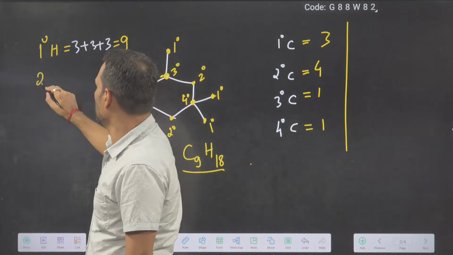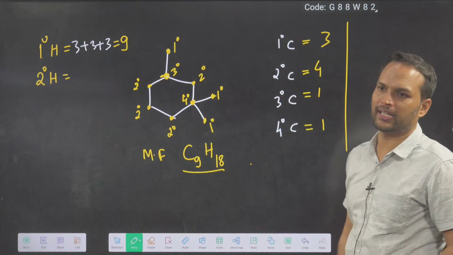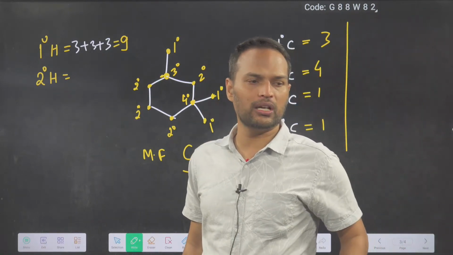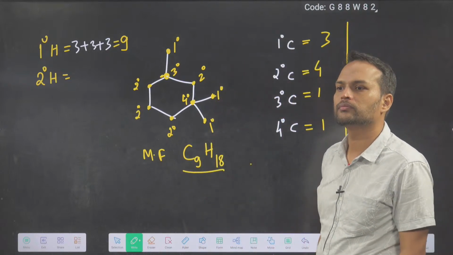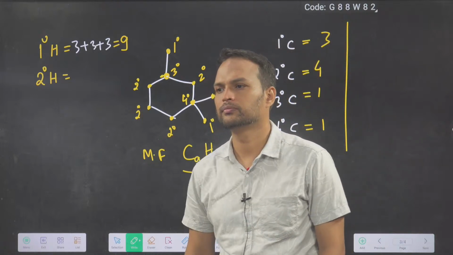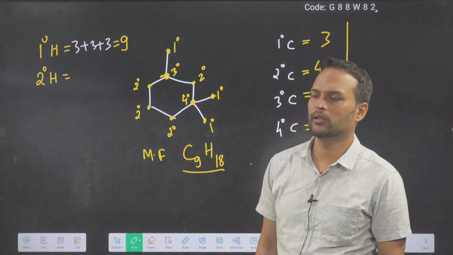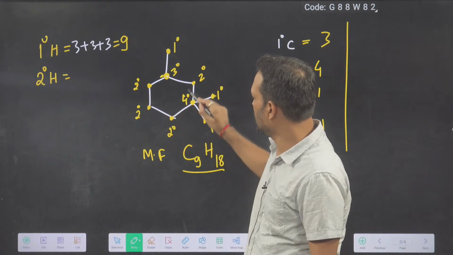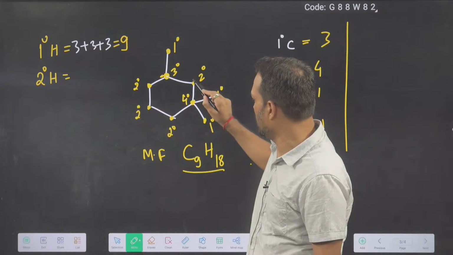Clear? Can you tell me how many 2 degree hydrogen? Let's see how many of you are able to give the correct answer. You will say, sir, 2 degree hydrogen means here, here, here, here.